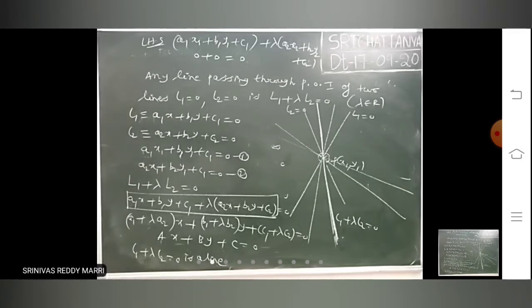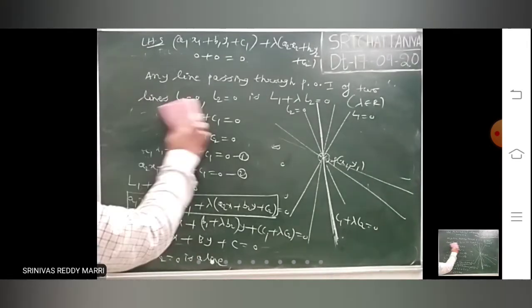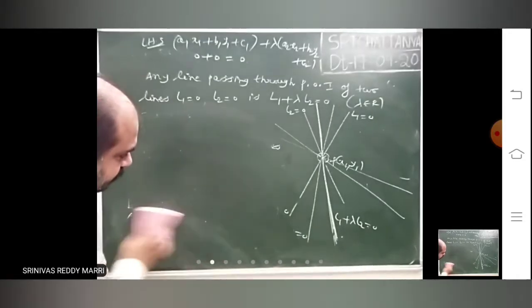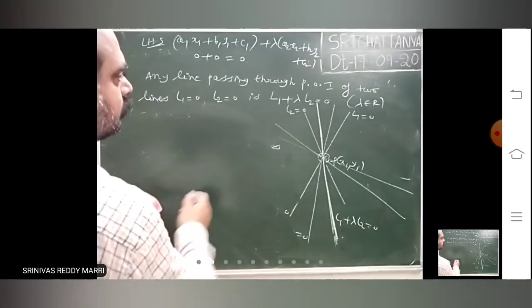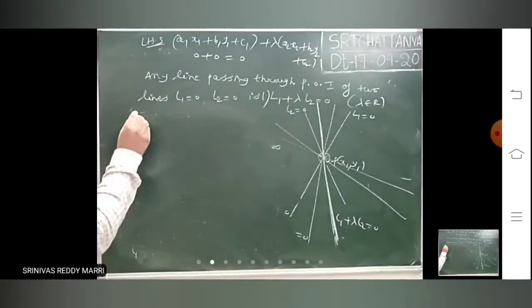Look at the problem. Next, this is one form: any line passing through the point of intersection of L1 equal to 0 and L2 equal to 0. Another form is, this is number 2.